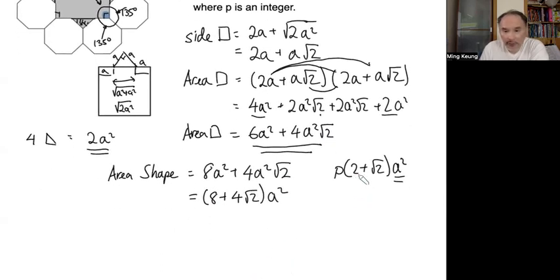But I also want 2 and root 2 here. And for 8 and 4, that means I can take out, divide by 4, and take it out. So I get 4, that leaves 2 plus root 2, A squared. So that means that P is equal to 4. And then, yeah, that's it.